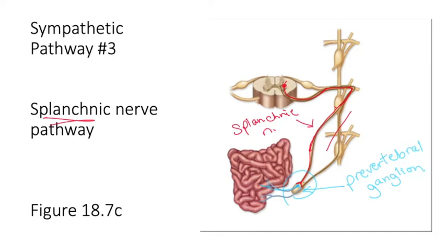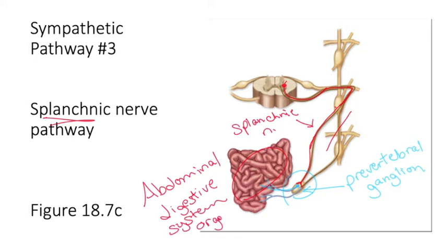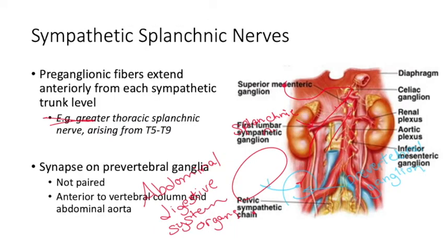There's several of them. And the target of this pathway, well, you can see intestines. I would just say abdominal or, even easier, digestive system. Digestive system organs like intestines, stomach, liver, etc., etc. That's our target. So, look at this complicated mess.